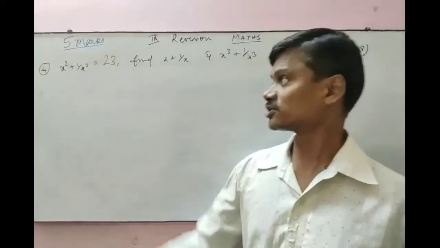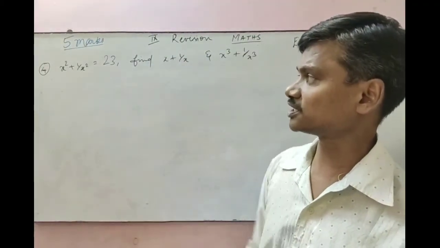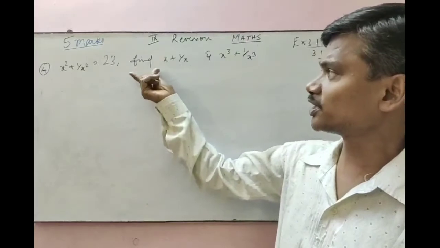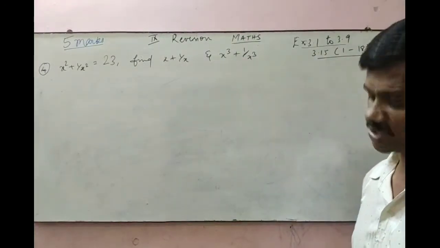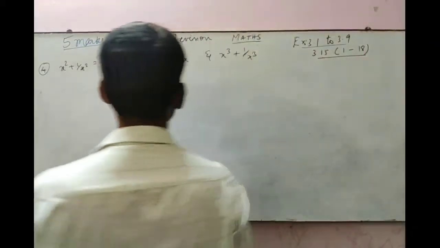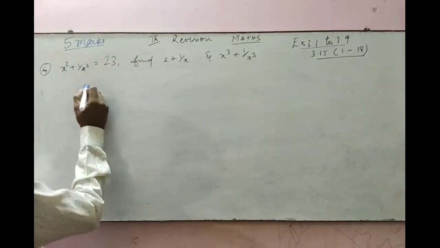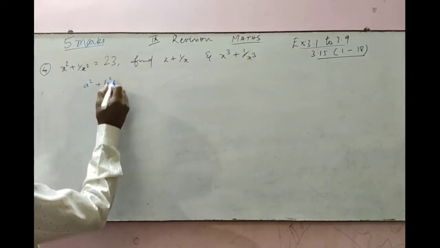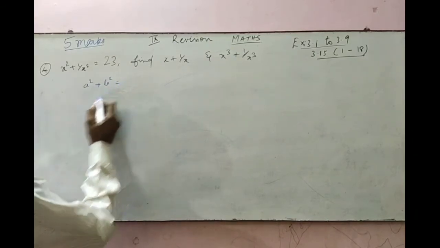The next one, the fifth sum: x square plus 1 by x square is equal to 23. The value is given to you. You have to find the value of x plus 1 by x and x cube plus 1 by x cube. Here x square plus 1 by x square is equal to 23 is given. So this is in the form of a square plus b square equal to some answer.